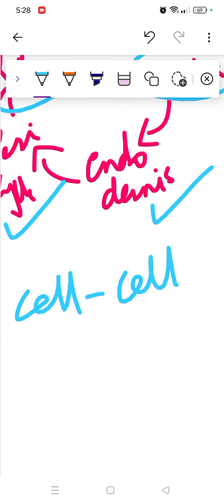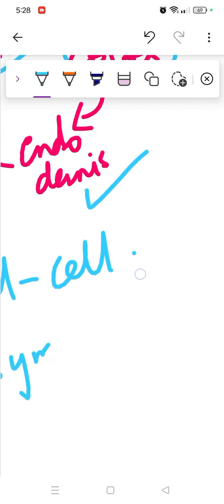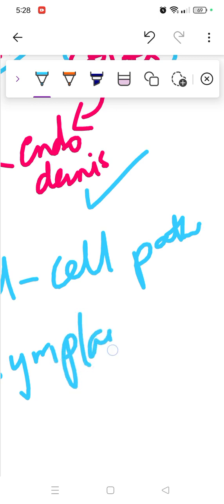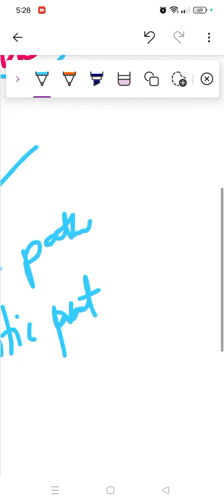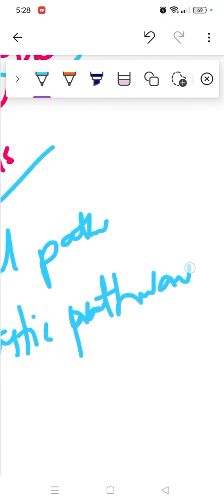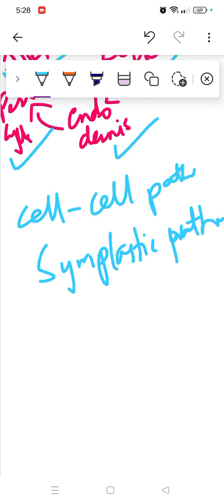Second was the symplastic pathway, the cell to cell pathway, and the third one is called the apoplastic pathway.